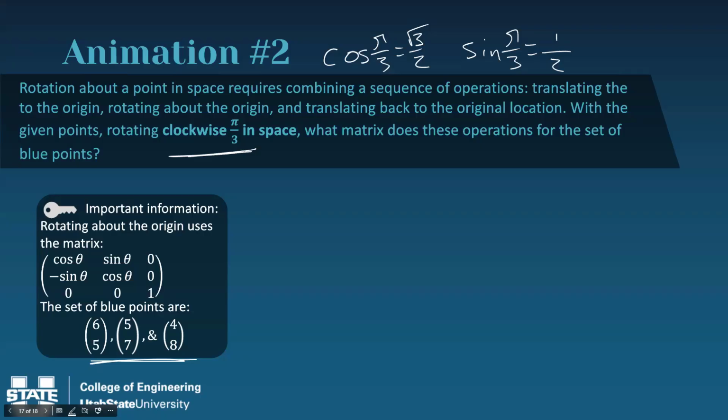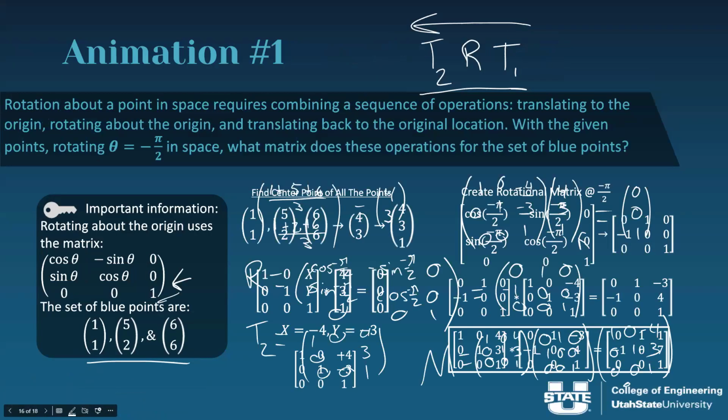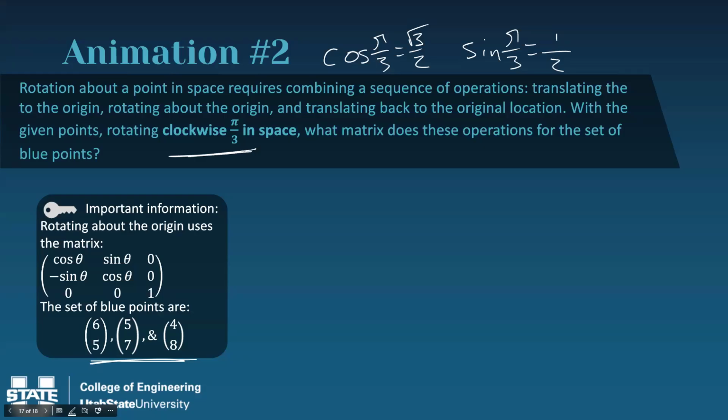Is it the same? That's what I'm trying to figure out. Or is it different on the previous slide? It is different. The negative sign does move. And I think that is because the cosine will be the same at negative pi thirds or positive pi thirds, but the sine will be different.